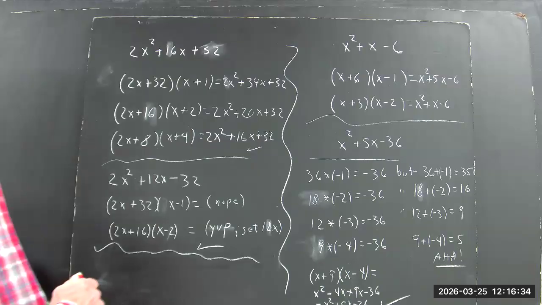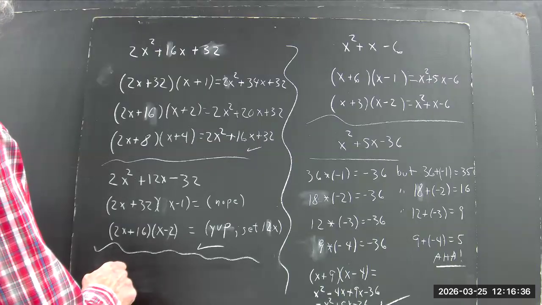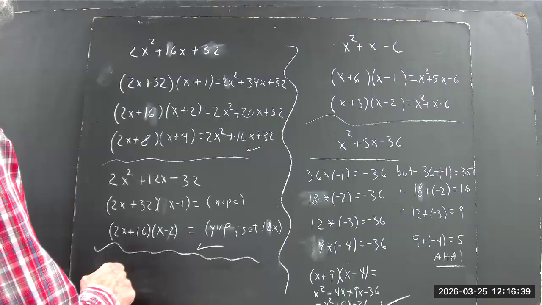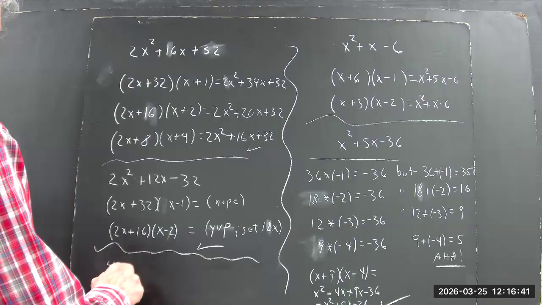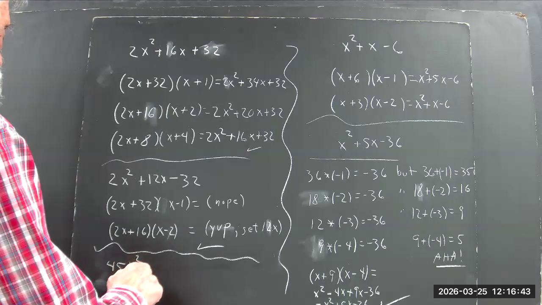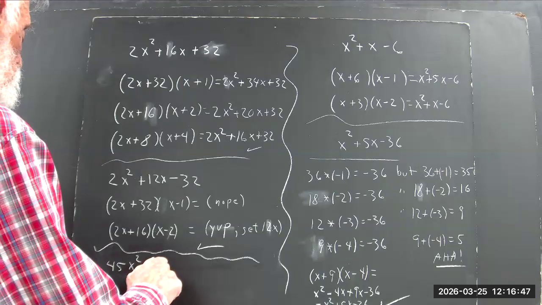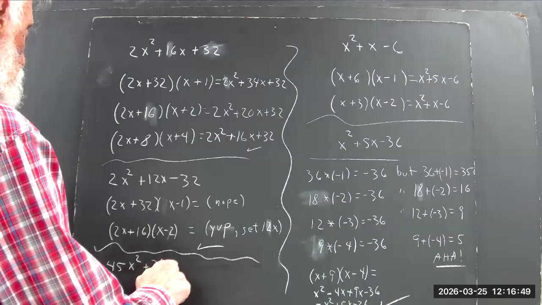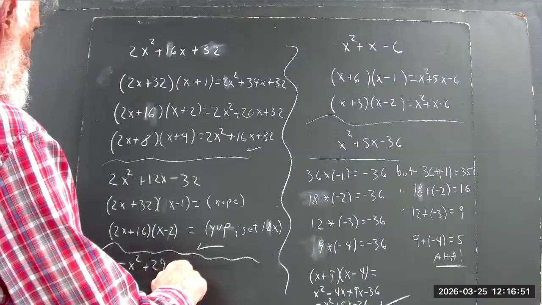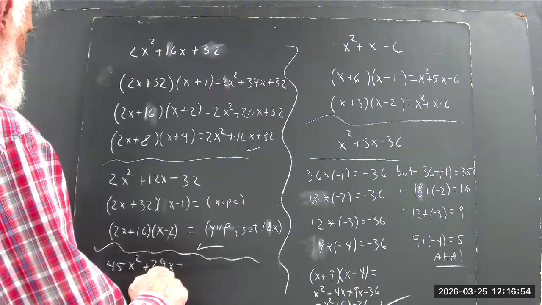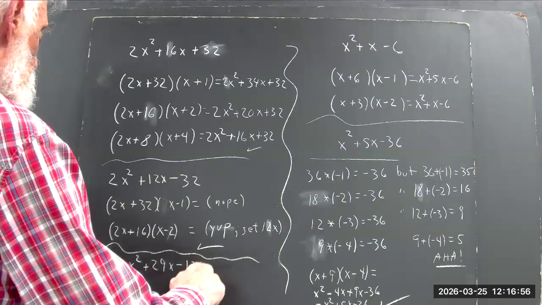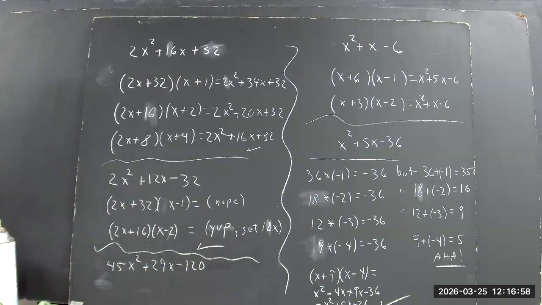Now if you have something like 45x squared plus 29x minus 120. Okay.